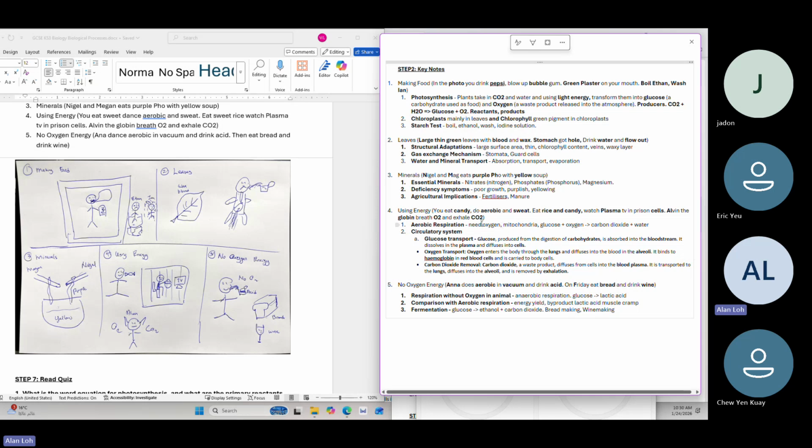Aerobic respiration is a type of respiration that needs glucose and oxygen and then produces carbon dioxide and water. And when you do respiration, you sweat, right? And sweat is the water, right?